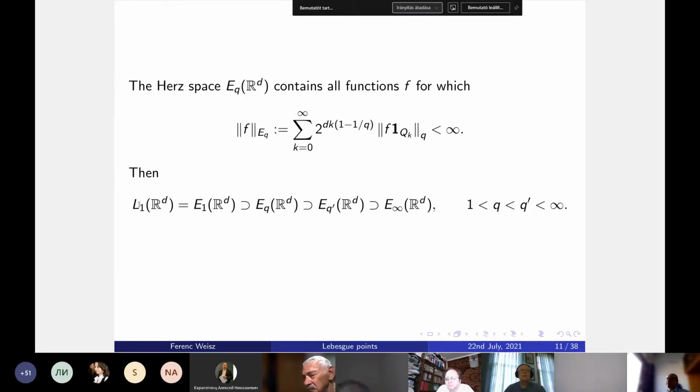So this is not so interesting. If q is equal to infinity, then this expression is equal to 2 to the power dk, so this is the measure of the set Q_k. This is the smallest space. If q is increasing, then the spaces are decreasing. Good.